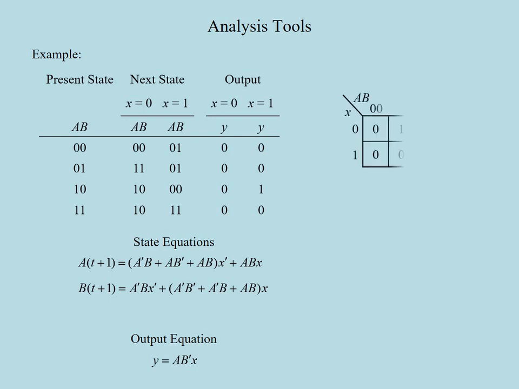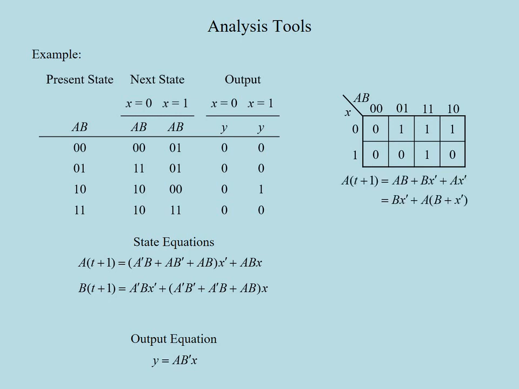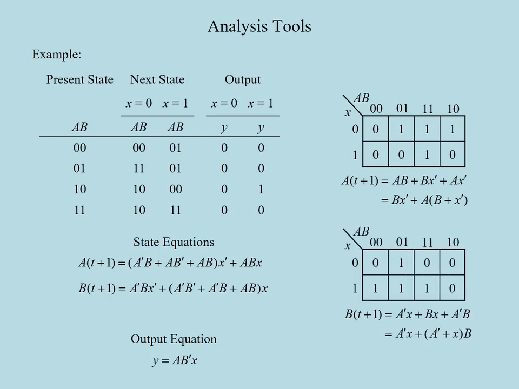Writing down the Karnaugh map of A of t plus 1 as a function of x, A, and B, we can simplify it to a 3-term standard sum, or further to an expression as B x prime or A B or A x prime. The state equation for B can be simplified in the same way to A prime x or B A prime or B x.